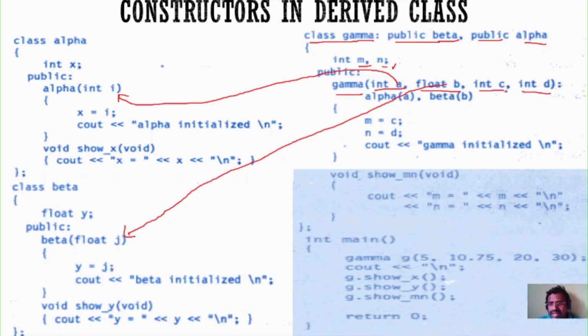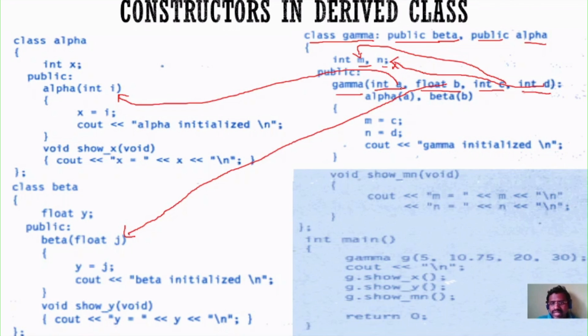Whereas c will be passed to m, and d will be passed to n. That is why we are accepting 4 different parameters here.